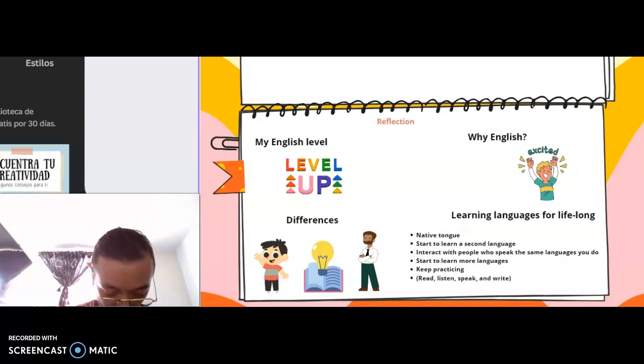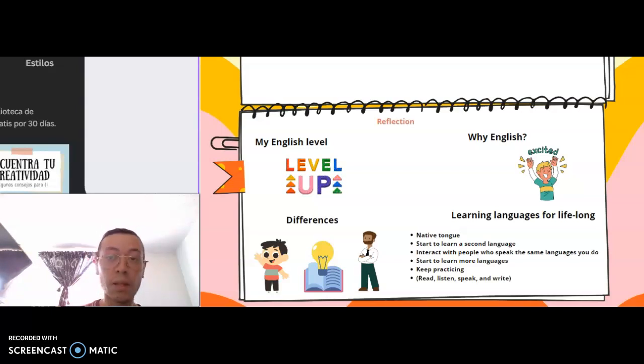What else? How can you make language learning part of your life in the future? Okay, I think the first thing is improving the skills, speaking with different people. Maybe if you have the opportunity to speak with native speakers, that will be very great. That will encourage your skills to be at the top.